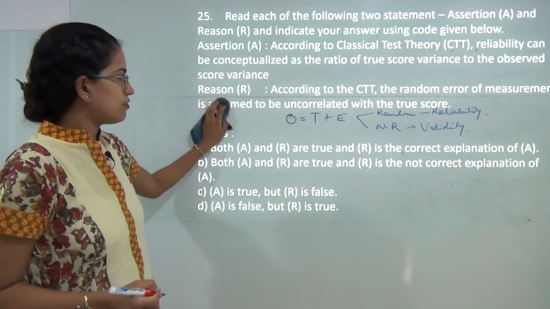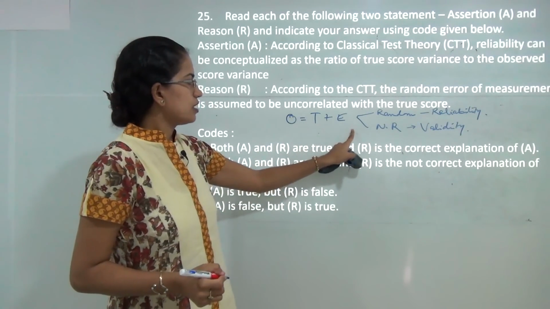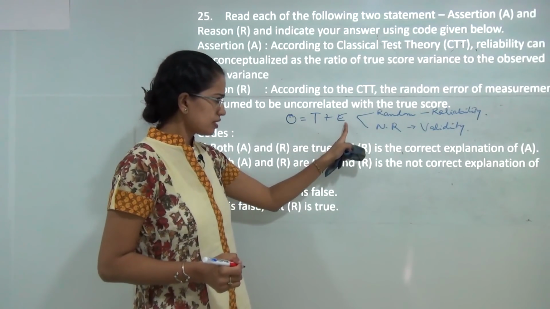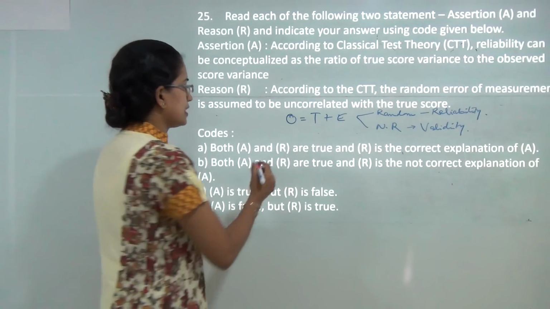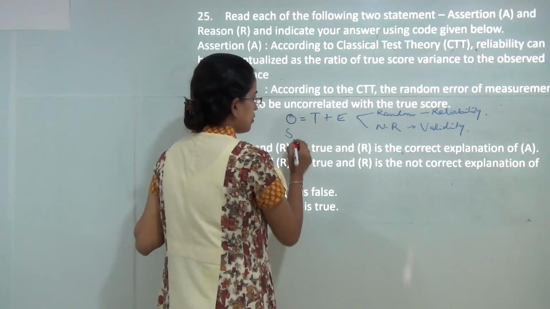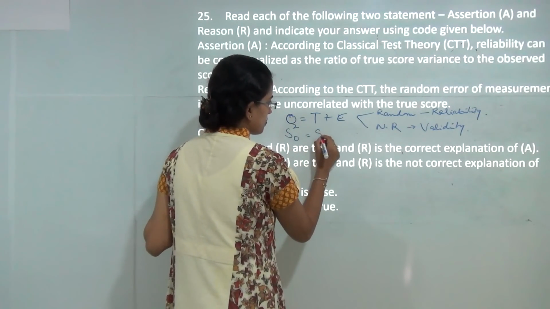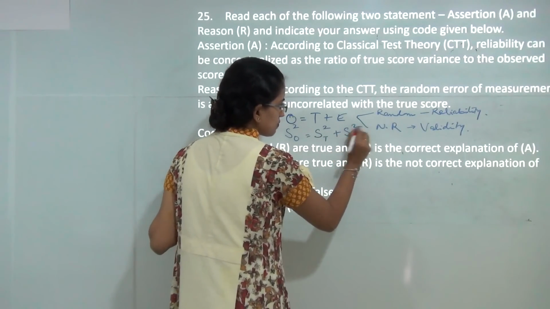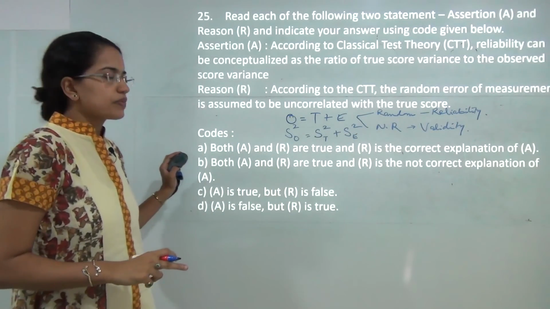Now once the observed score is a result of true score plus error score, I can say the variance of the observed score is equal to the variance of the true score plus the variance of the error score.